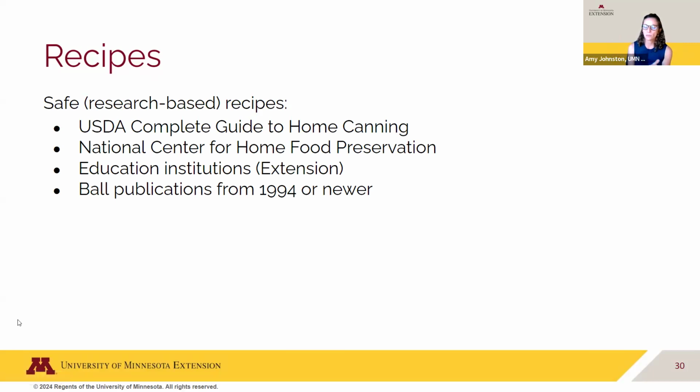On the screen, you can see some trusted sources for these safe recipes: the USDA Complete Guide to Home Canning, the National Center for Home Food Preservation, extension institutions or education institutions. Many of the resources I've shared with you so far tonight are from different education institutions. And then Ball publications from 1994 or newer.